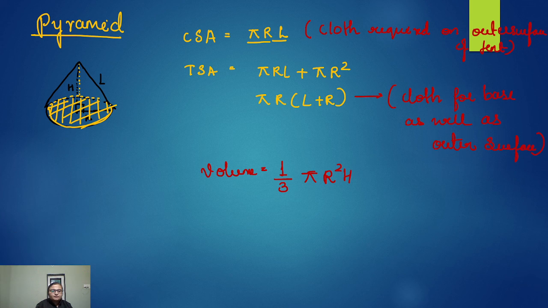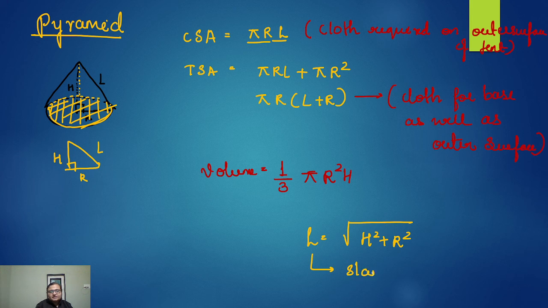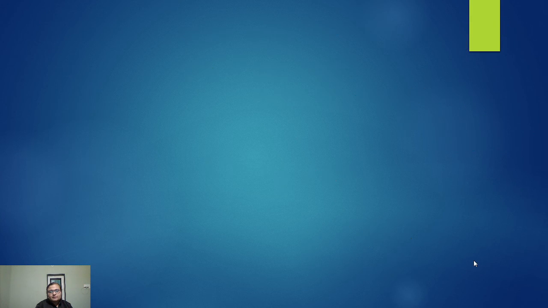For L, you can see it is a right triangle here. This will be the radius. We have 90 degrees, h and L. L you can find out as root of height square plus radius square. L is the slant height.